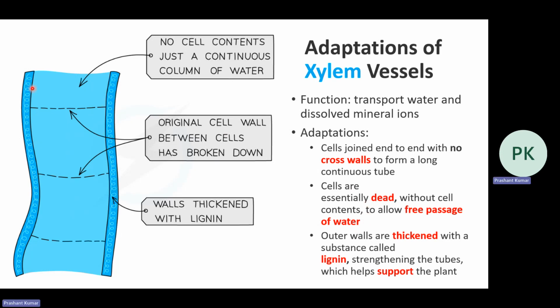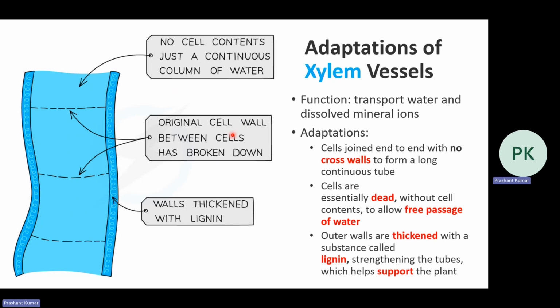The outer wall is thickened by a substance called lignin. Lignin is a polysaccharide, and it is deposited more on the outer walls of the xylem. Due to this lignin, it provides strength and also support to the plant.